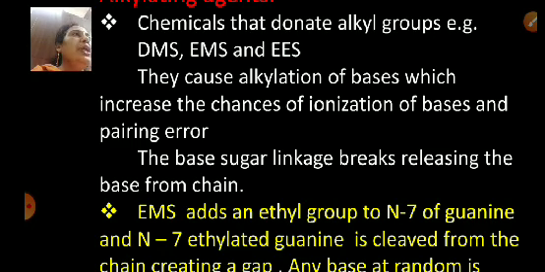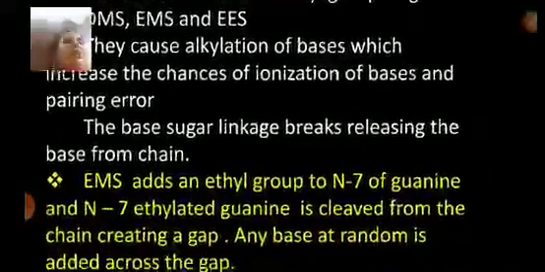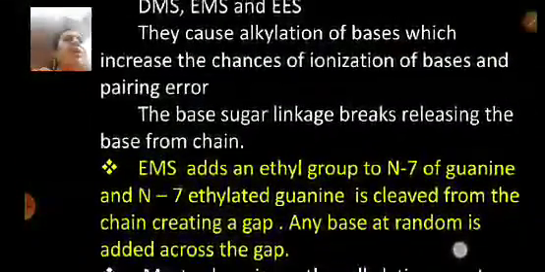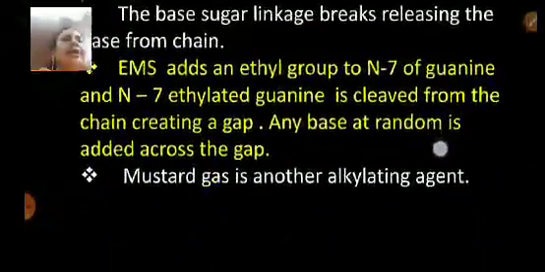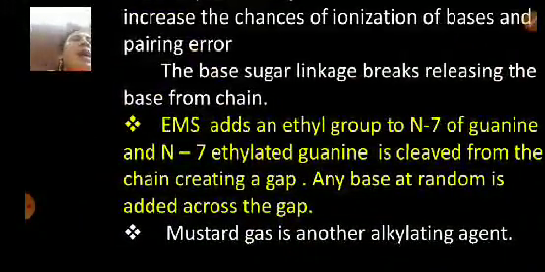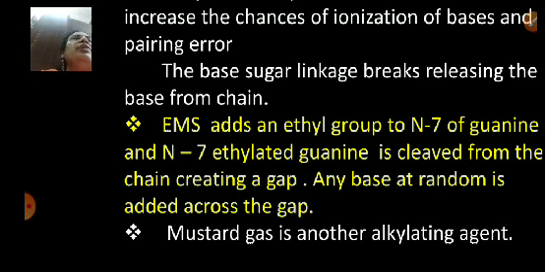So upon alkylation, bases undergo ionization and become unstable. The sugar-base linkage breaks and releases the base from the chain. This creates a gap in the DNA molecule. When a gap is created, then during first replication across the gap, DNA polymerase enzyme adds any base at random, either A or T or G or C. If a proper base is not added, it will lead to mutation.